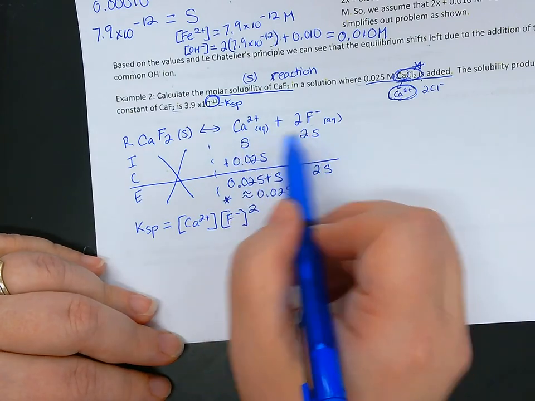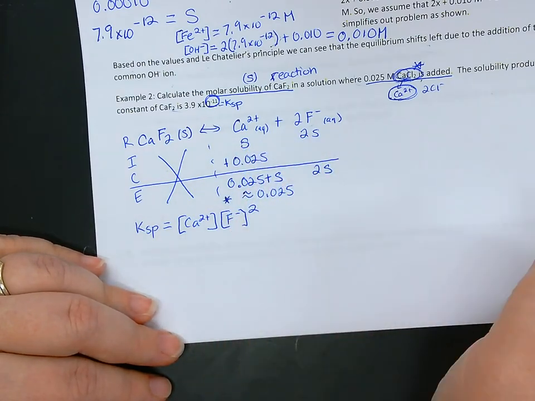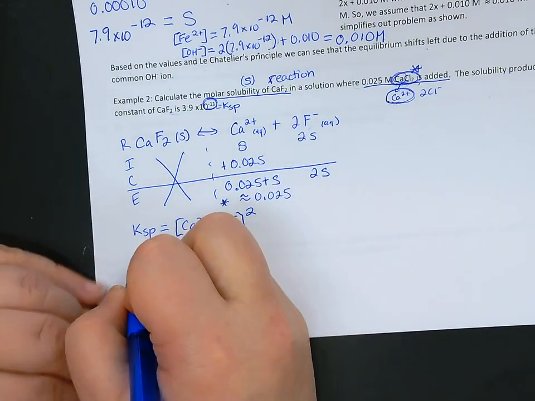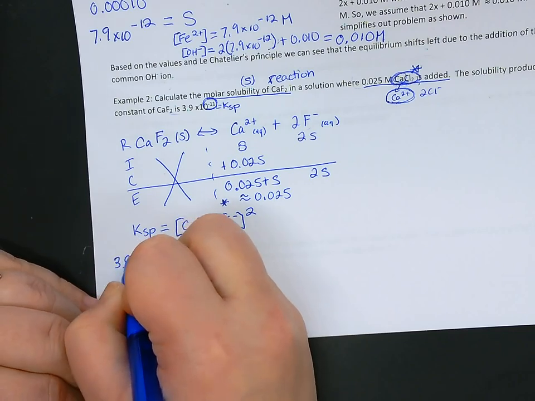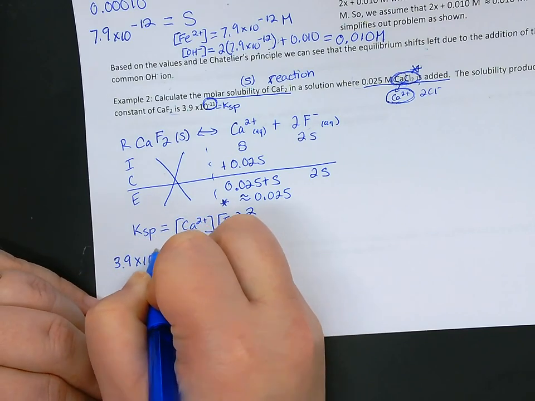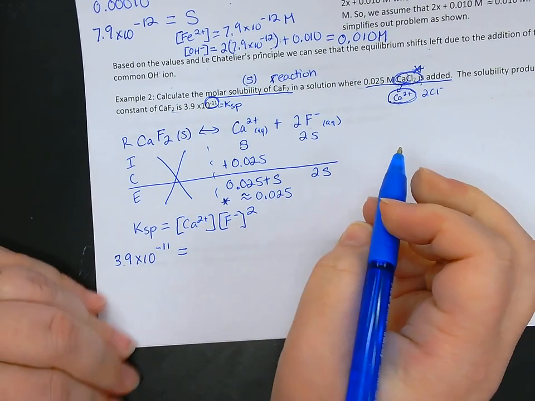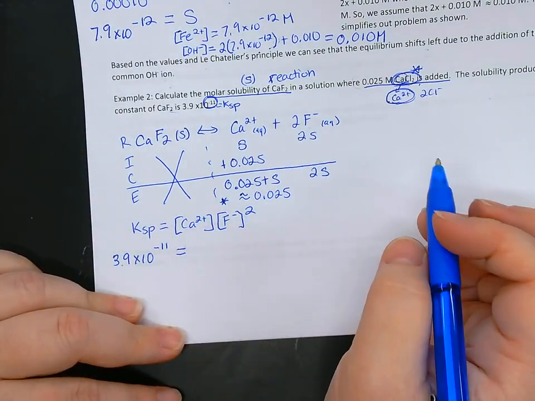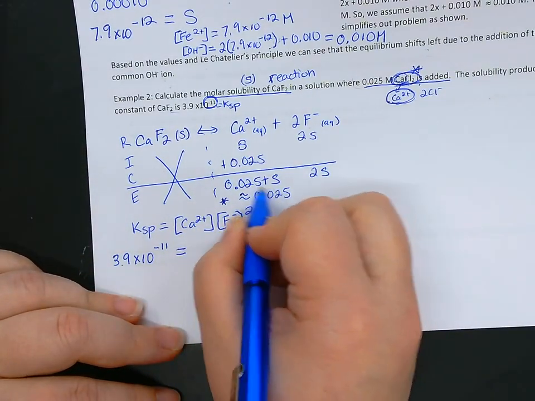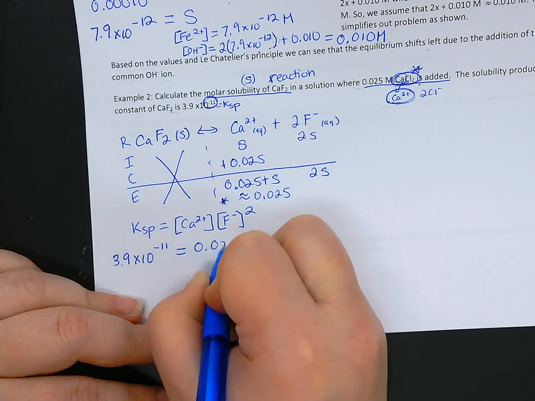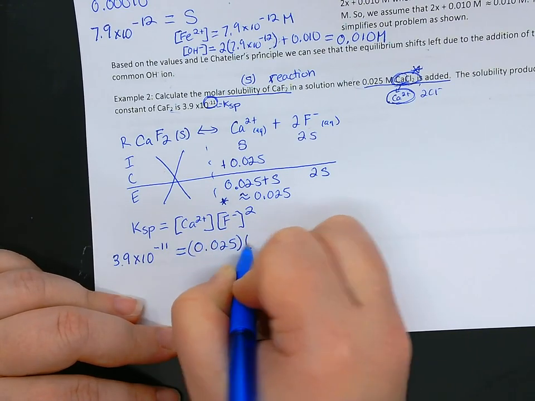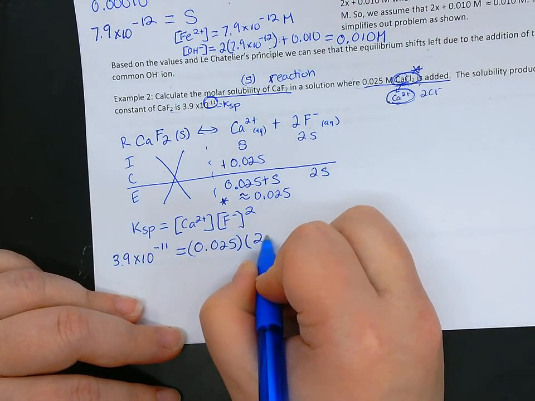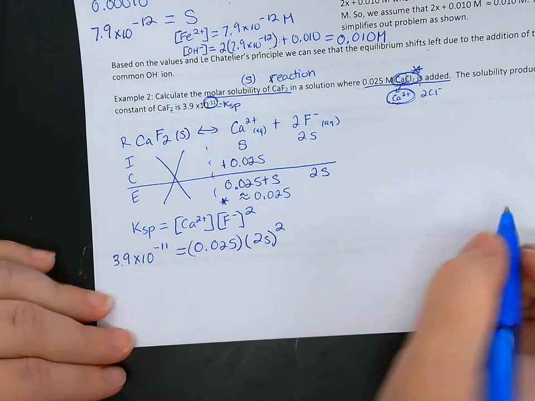So these numbers are really tiny, so it's not going to affect that value. Okay. 3.9 times 10 to the negative 11 equals, let's see, our calcium, we're putting in 0.025. Fluorine, we're putting in 2S, and we're squaring that value.